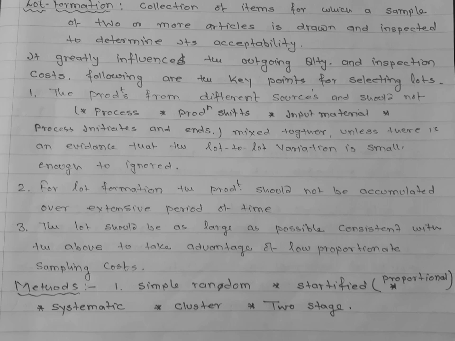When the items in a lot are presented in an orderly manner, such as piles of mild steel sheets or stacks of cement bags, it is possible to considerably simplify the selection of a random sample of the required size.